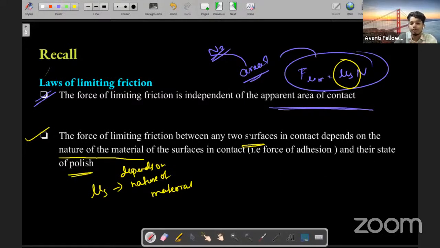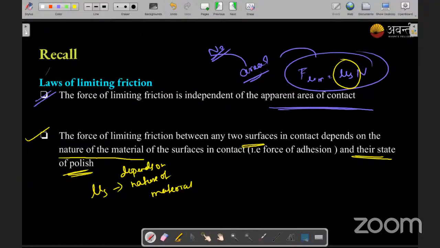There are rough materials and then there are polished materials. If the surface is polished, then it's very easy to slide, which means the friction is less. So it depends on the state of polish also. Is it good, students? Let me know.